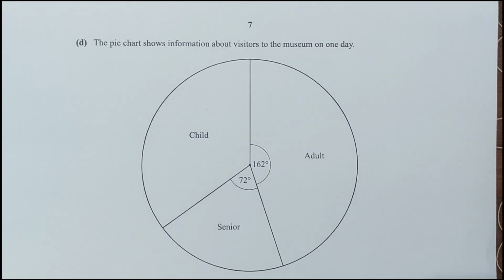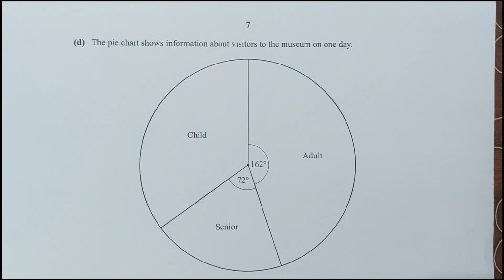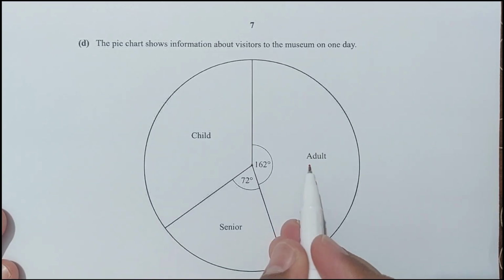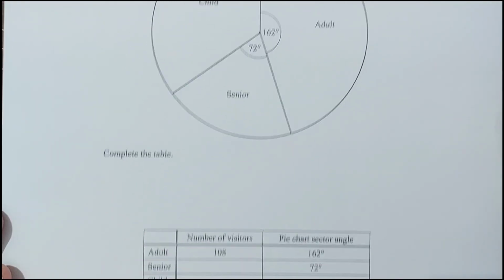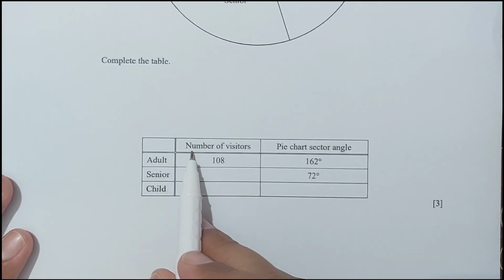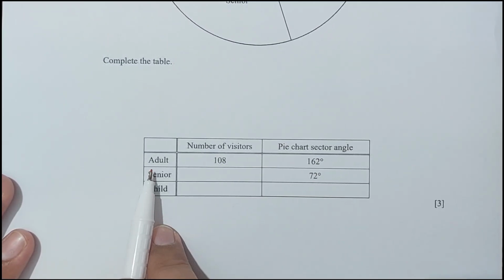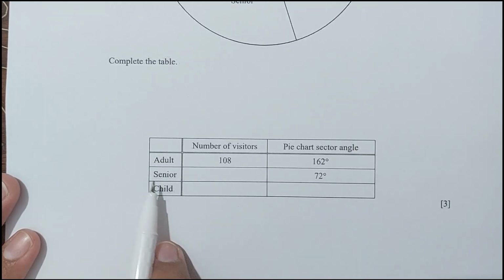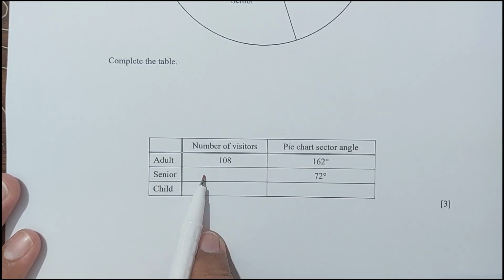Now for part D, the pie chart shows information about the visitors to the museum in one day: the child, senior, and adult. Complete the table. So the number of visitors, adult is 108, so its pie chart angle is 162. Senior pie chart angle is given, but we have to solve for the number of visitors for the senior.